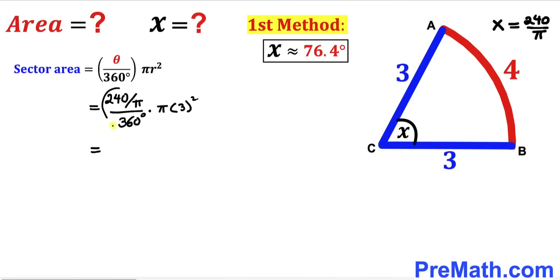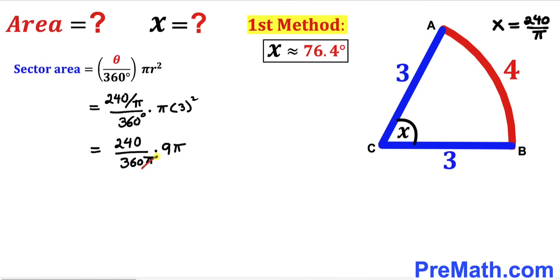This whole thing could be written as 240 divided by 360 times pi times 9 pi.